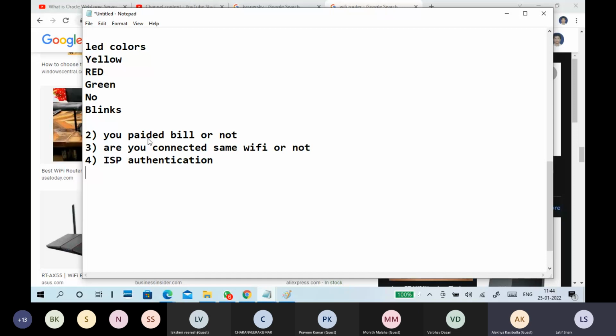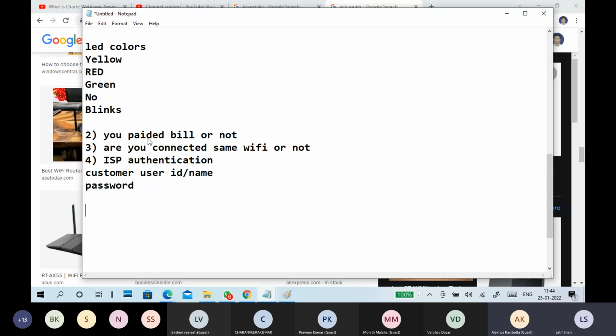One is for connecting from your modem to your ISP. For that, a customer user ID or name and a password will be there. But this is for authenticating from your modem to your ISP provider. That is for internet authentication purposes.